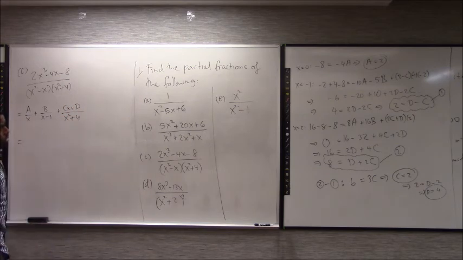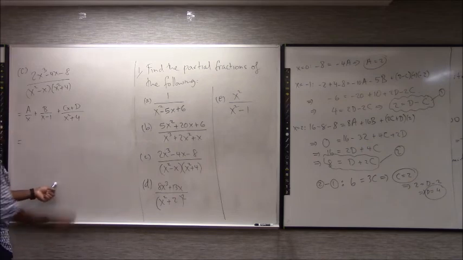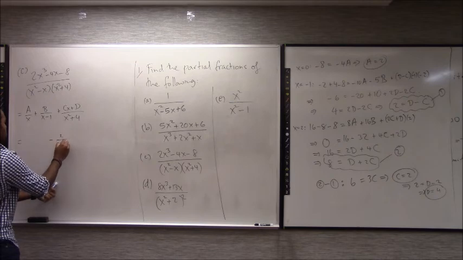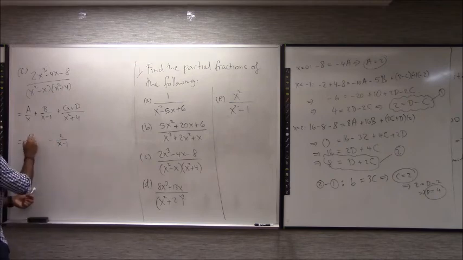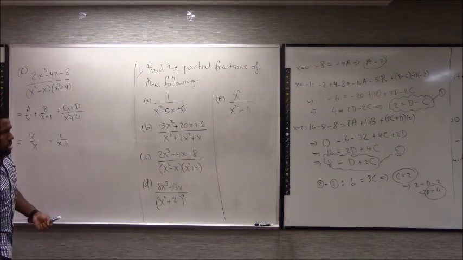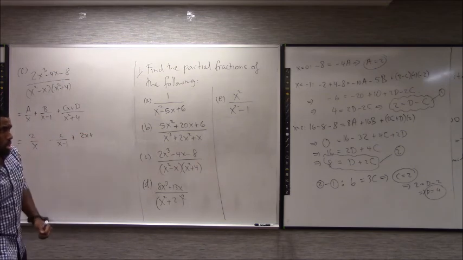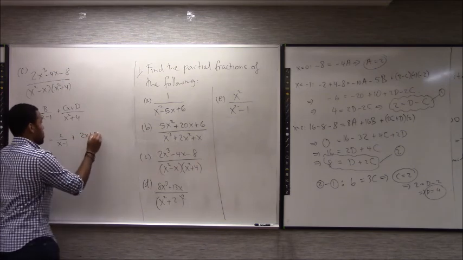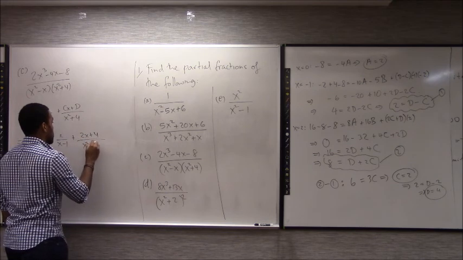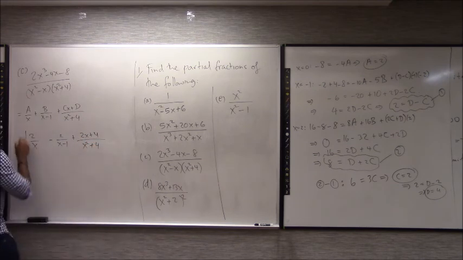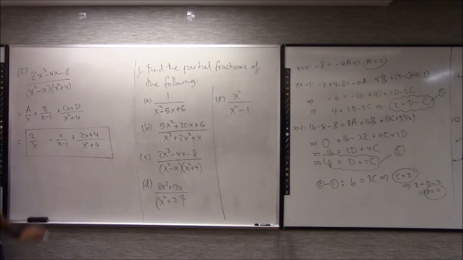That is going to be equal to, b was minus 2, if I recall correctly. The a is positive 2. The c is 2. The d is 4. So that would be the answer. Did you get that one?